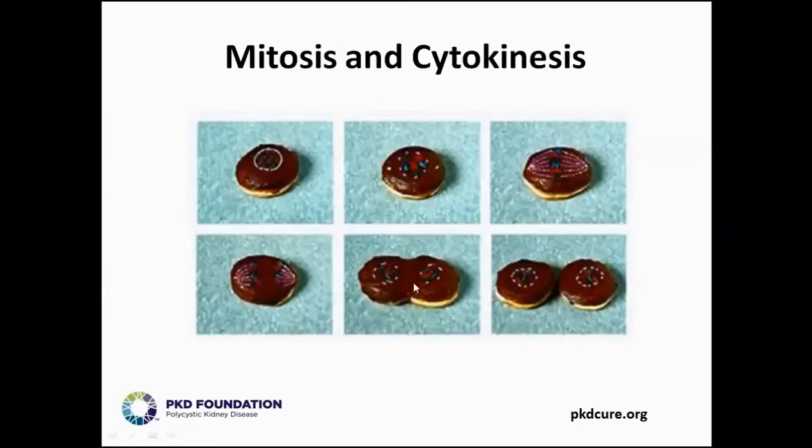And in late telophase, you can see the beginnings of two separate cells, although they haven't actually gone through cytokinesis yet. And you can see that the chromosomes are beginning to unravel again to resemble more the interphase nucleus in the upper left. And then finally, in a miracle of biology, you have two Bismarcks with identical nuclei and identical DNA. And in this case, you'd call it a symmetrical division. In other words, you've got two daughter cells that look just like the parent cell.